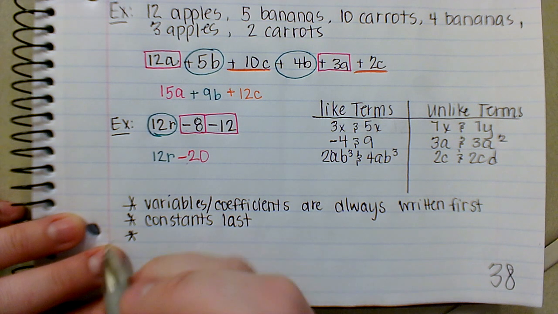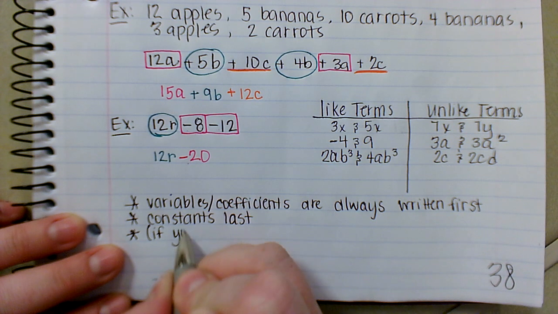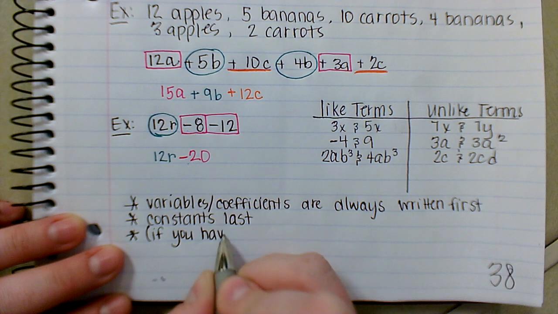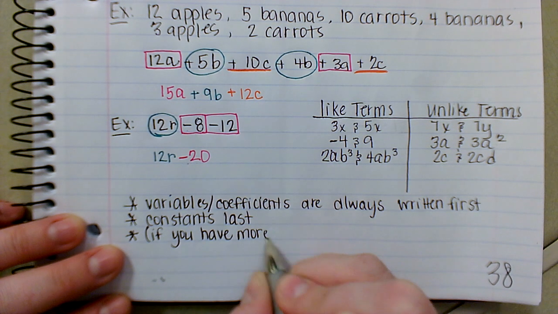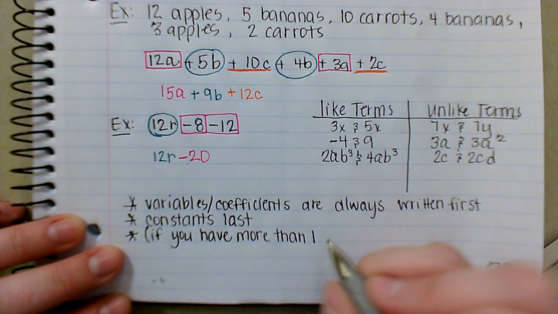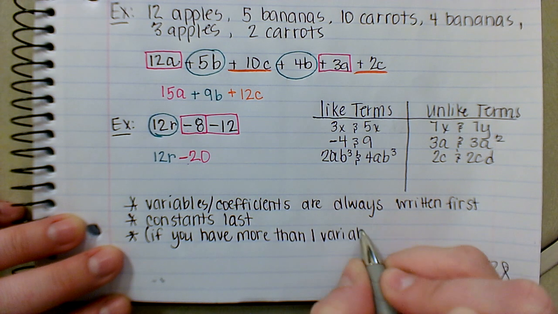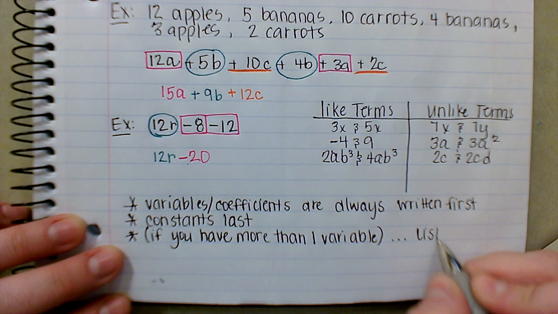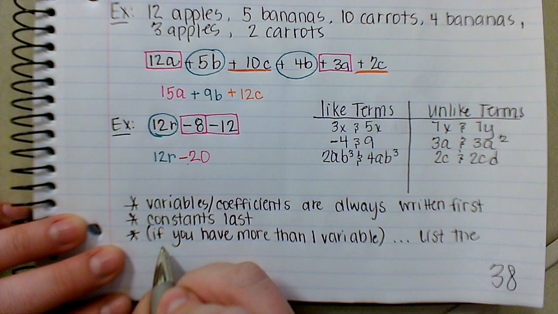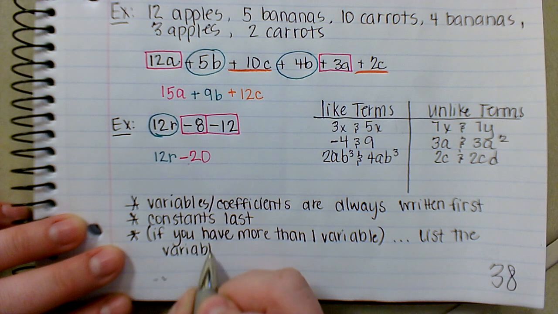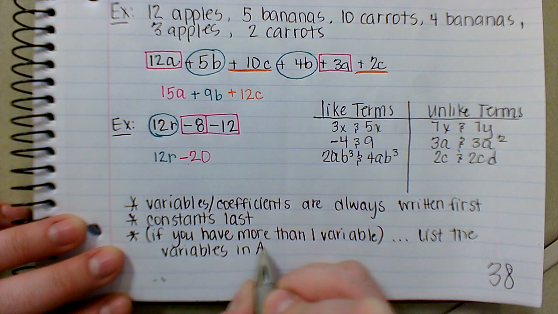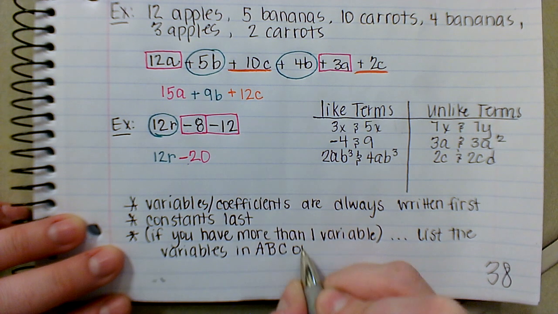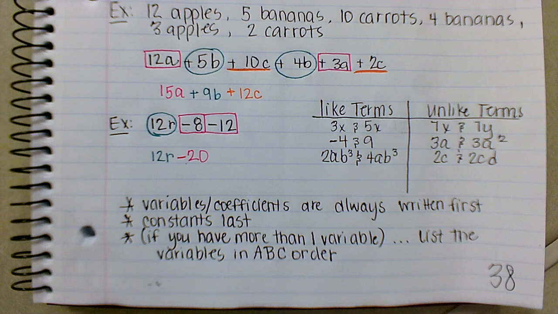One more. If you have more than one variable, list the variables in A, B, C order. Just like I did with the example of the apples, bananas, and carrots. I wrote A, then B, then C.